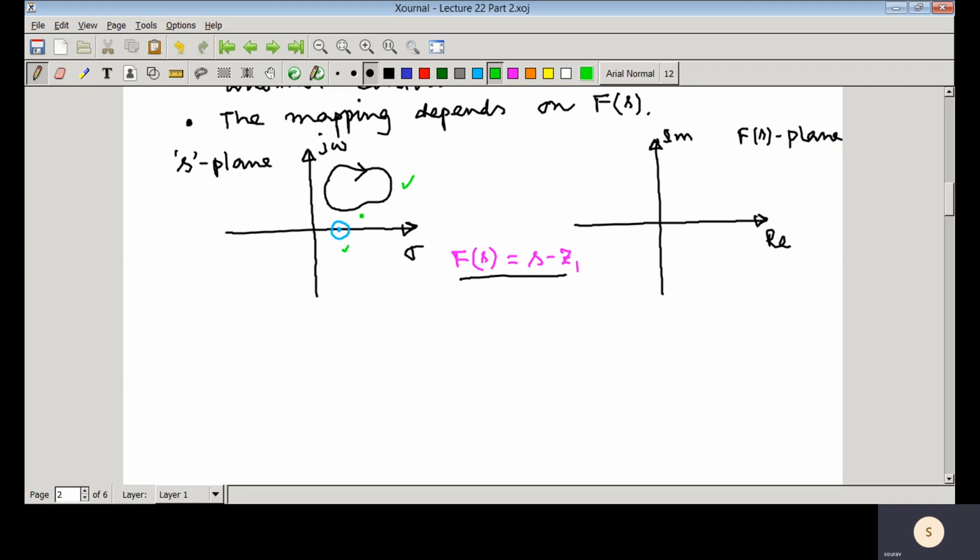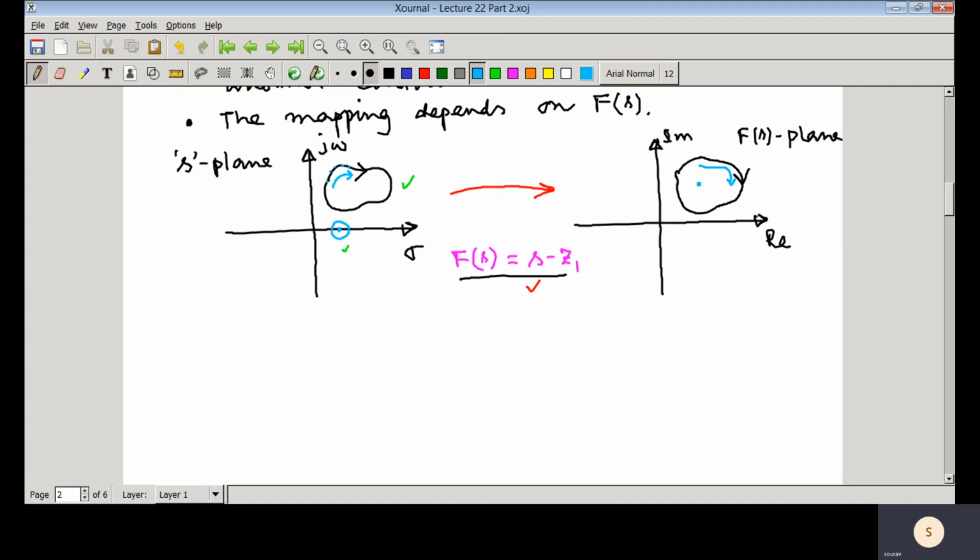Now if we map it via this particular function, we will see that in the F(s) plane again we will have one contour. I am just drawing it arbitrarily, and this contour would be in the clockwise direction. That means the direction remains the same. If you take points continuously like this in the clockwise direction, you will again get a contour in the clockwise direction.